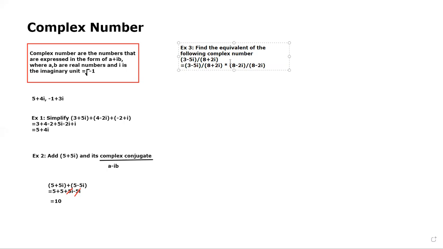You can do this because 8 minus 2i by 8 minus 2i is actually 1, and you can multiply any number by 1.